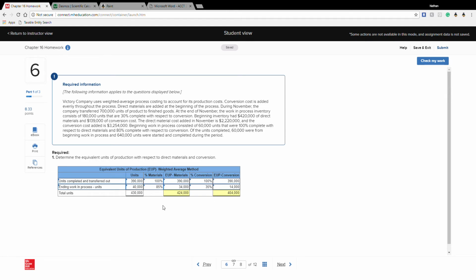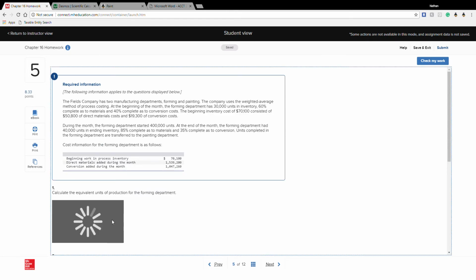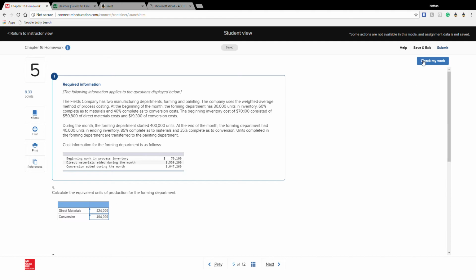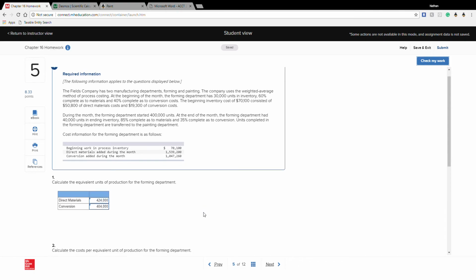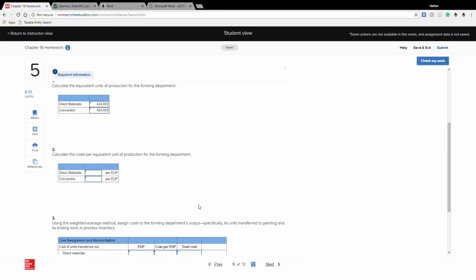So 404,000, 424,000, boom, and I can always check my work on this step, and we find out that they are correct. It's just using Connect as a resource to itself. Okay. So next, we want to find the cost per equivalent unit of production of the forming department.